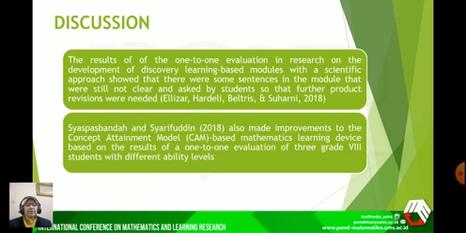Saspanda and Sarifuddin in 2018 also made improvements to the concept attainment model, or CAM-based, mathematics learning device based on the result of a one-to-one evaluation of 3 grade 8 students with different ability levels.